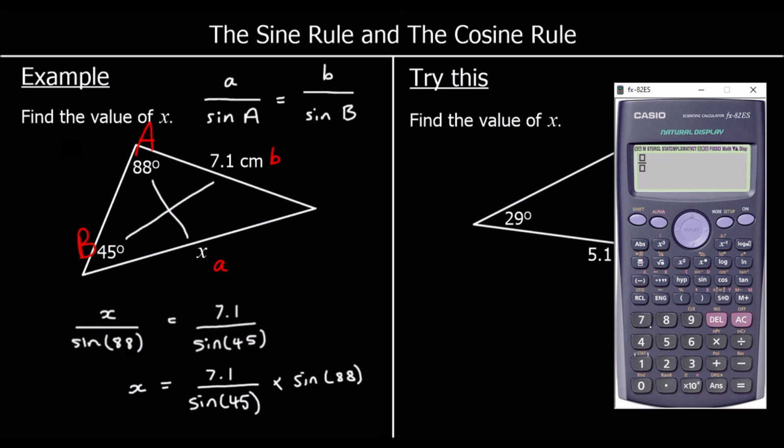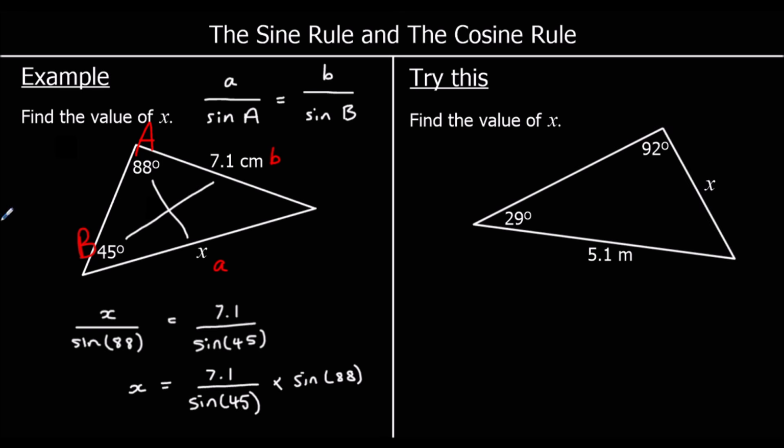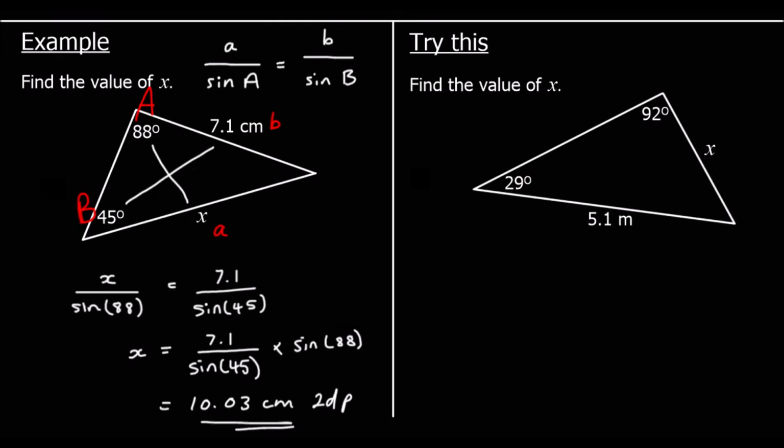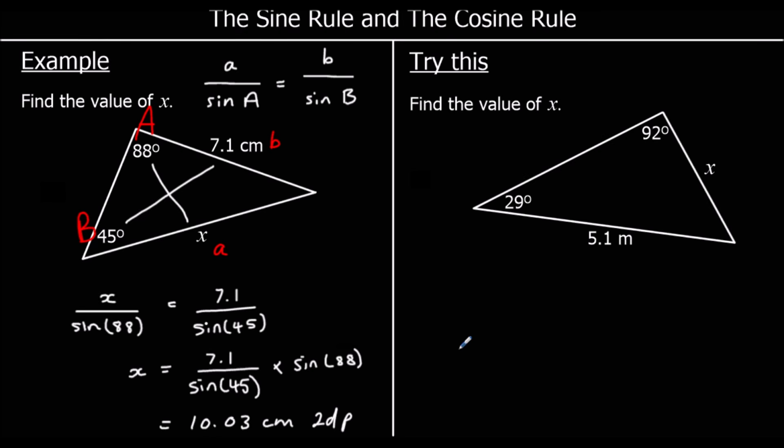So 7.1 over sine 45 times sine 88. And that gives us our answer of 10.03 to 2 decimal places. So we've got 10.03 centimeters to 2 decimal places. Okay, one for you to try. So pause the video and have a go.